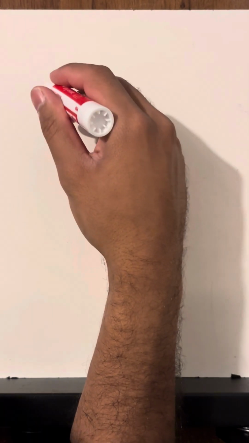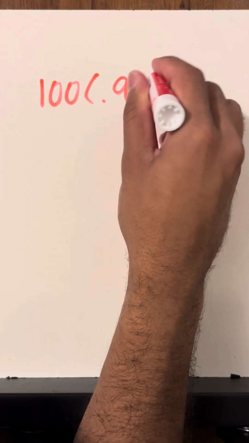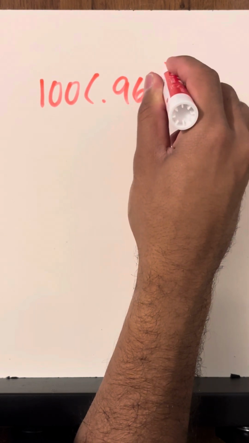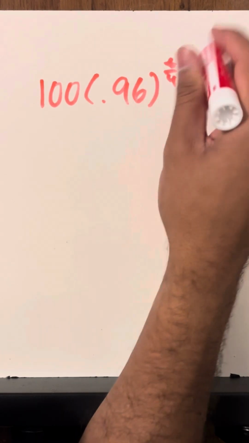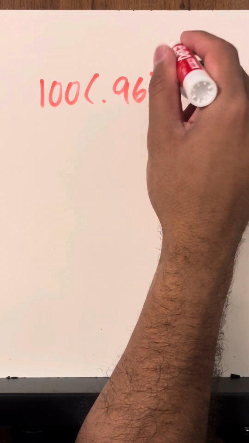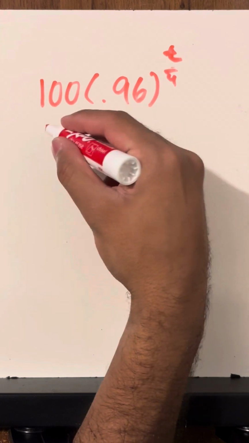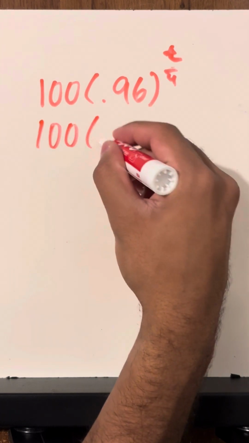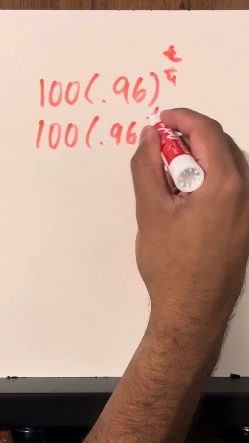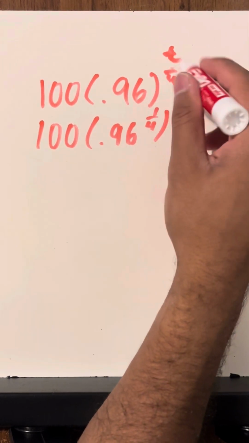Let's take a look at a question that looks something like this. It's asking us to determine if it is growth or decay, as well as rewriting the way that it is right now. So that is t over 4. We could rewrite this as 100 times 0.96 to the 1/4 times t, because 1 over 4 times t is t over 4.